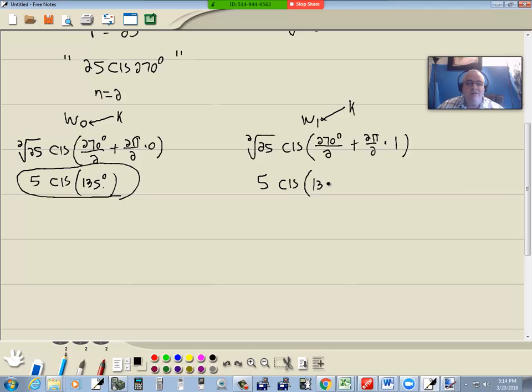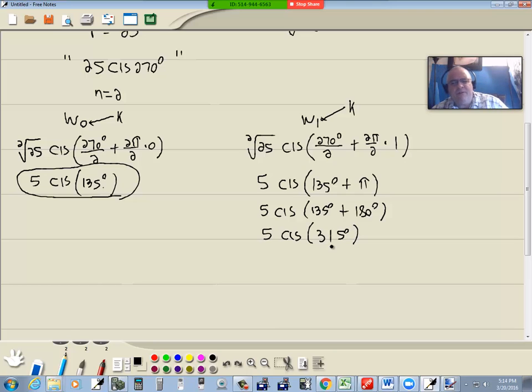This is still 135 degrees plus, the 2's cancel, and I got pi, but that's in radians. So I have to change that pi to 180 degrees. And that's going to give us 315 if I added correctly. Yeah, 315.